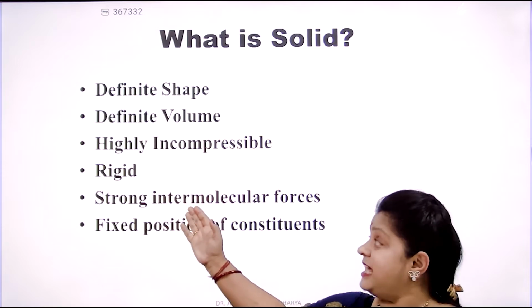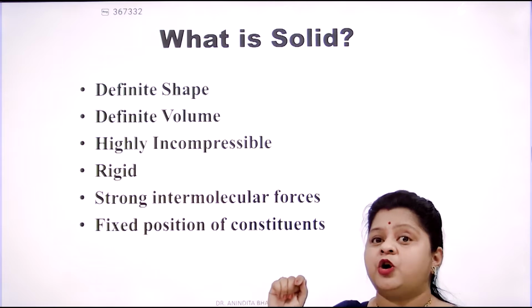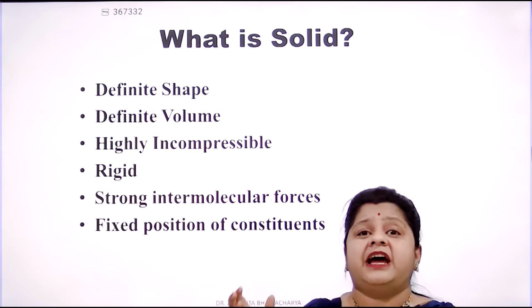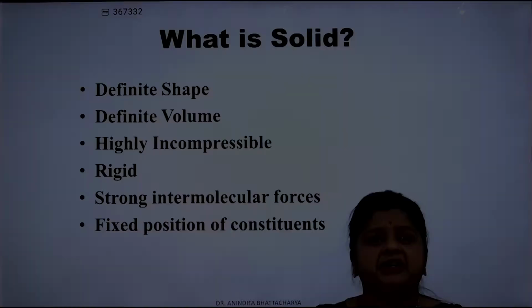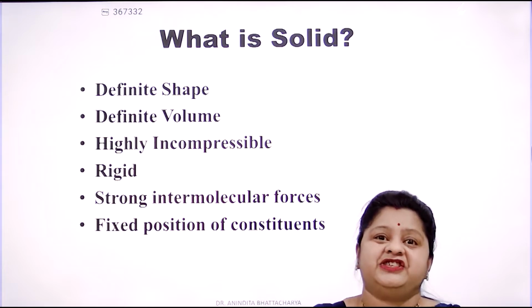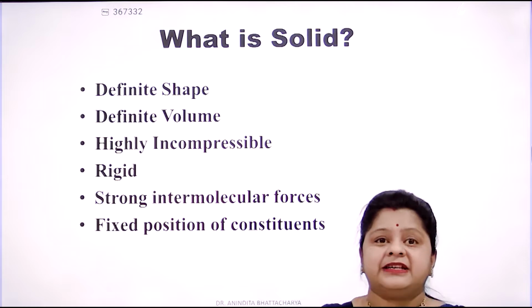All its constituent particles have a fixed position because they are very close to each other. As they are very close to each other, they cannot move. Their positions cannot change, and that is the reason their positions are fixed.